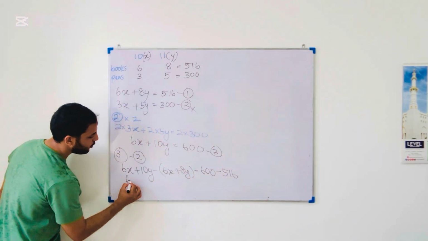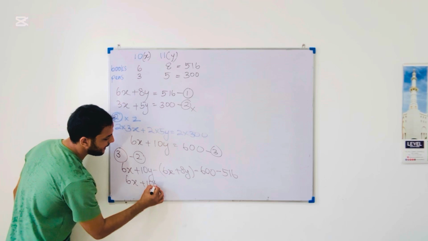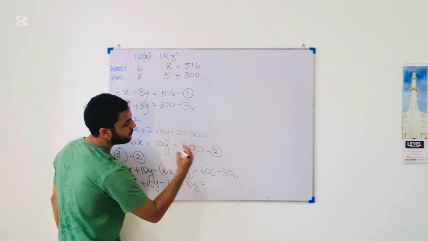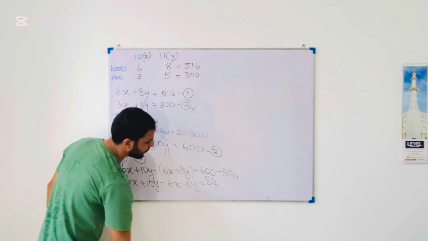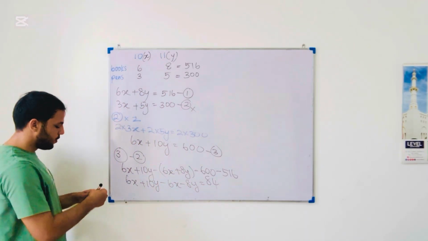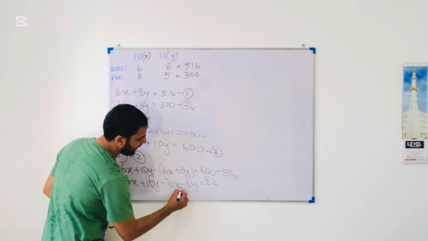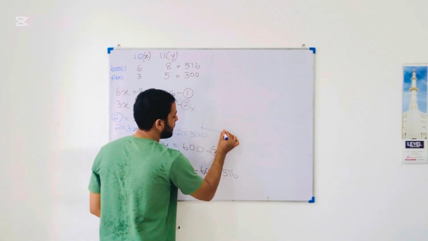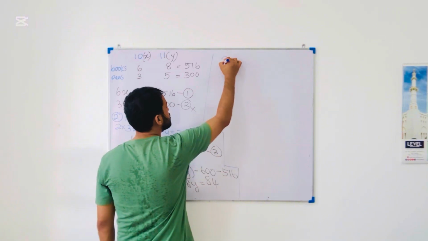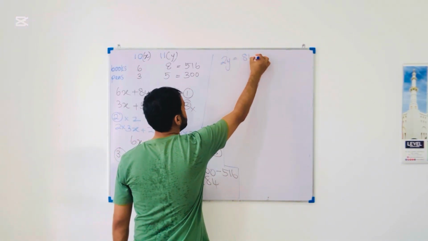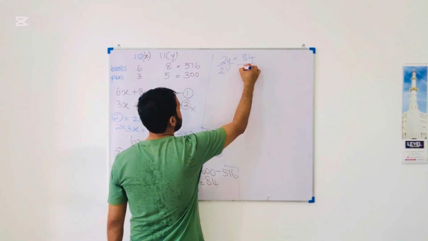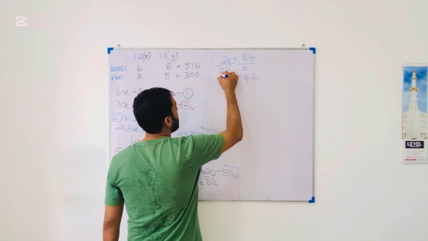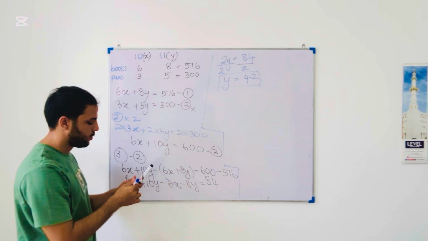Now if you remove the brackets, you end up with 6X plus 10Y minus 6X minus 8Y, equal to 84. 6X minus 6X becomes 0, and 10Y minus 8Y is 2Y, equal to 84. Divide both sides by 2 and you end up with Y equal to 42. That is the number of students in grade 11.